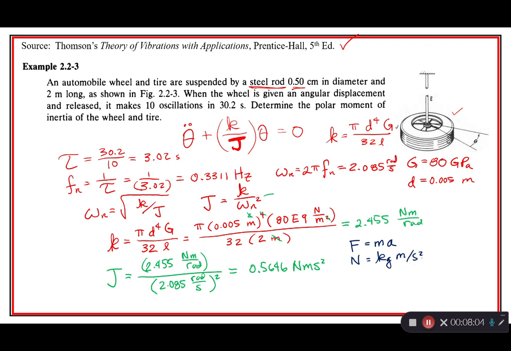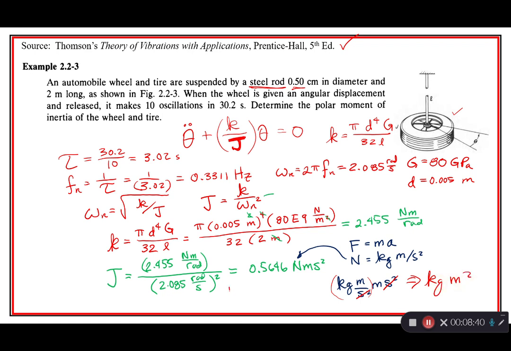If you shove the newton back into this, you get a kilogram meter per second squared times meter second squared. Follow that logic? The second squared cancels out, and you're left with kilogram meter squared, which is what we expected.